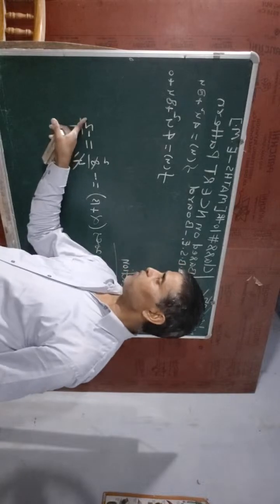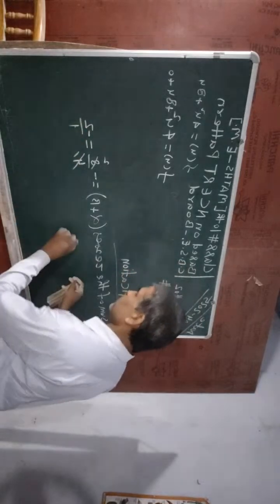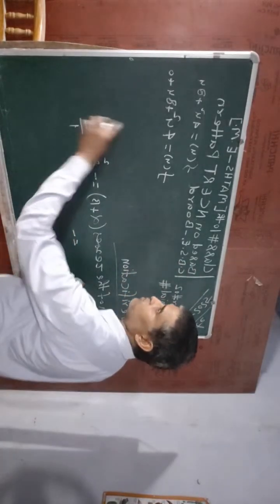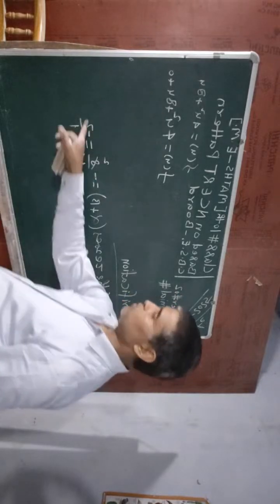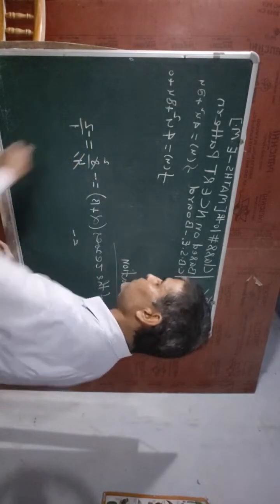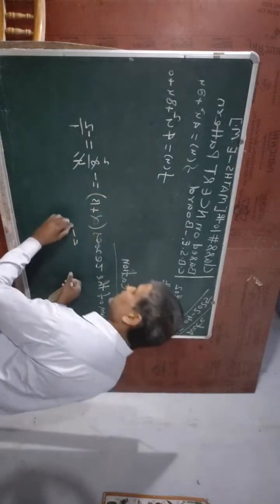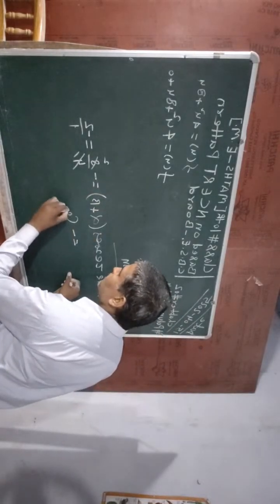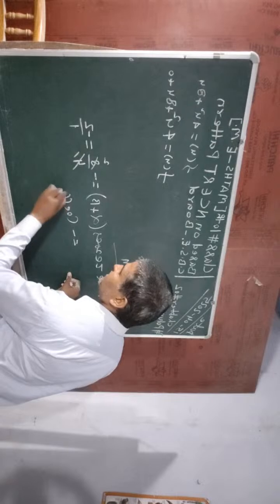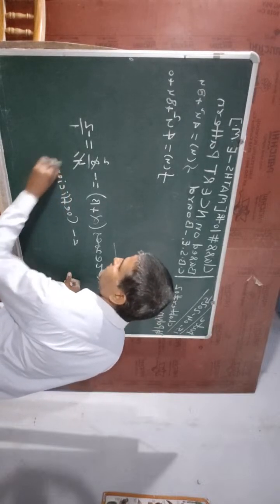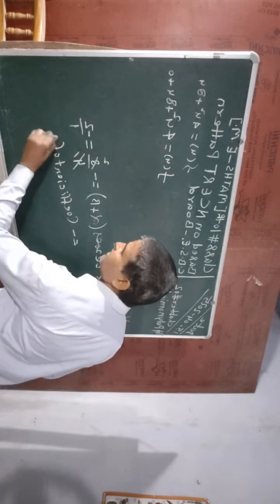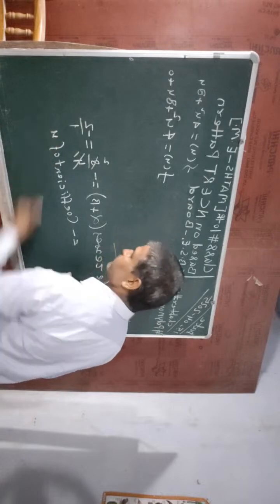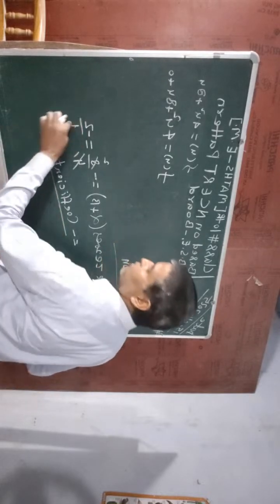Here you observe the minus sign, and the value of 2 is the coefficient of u.